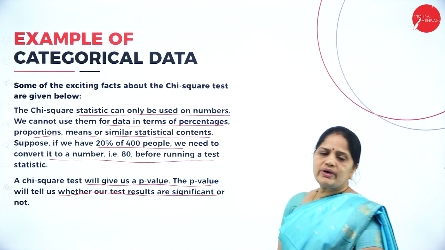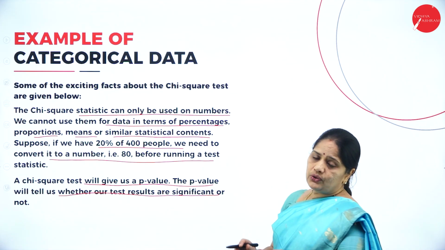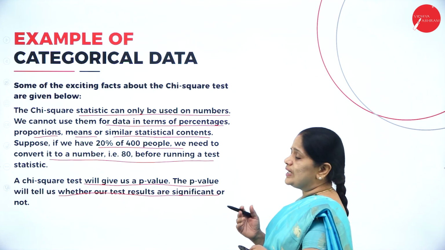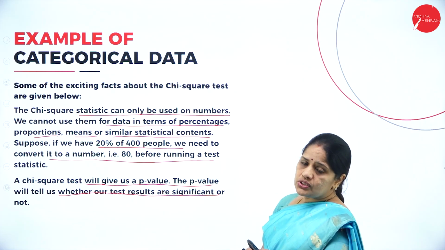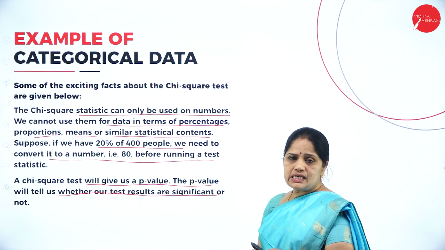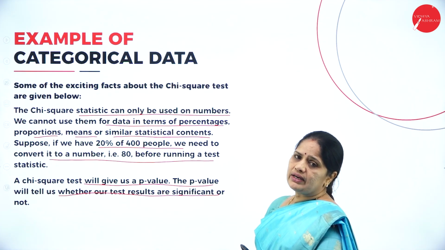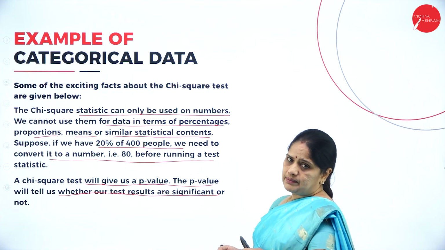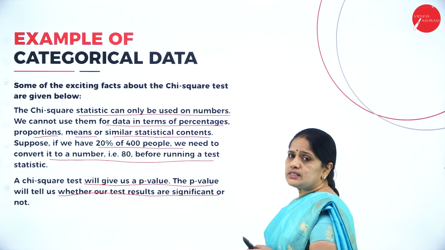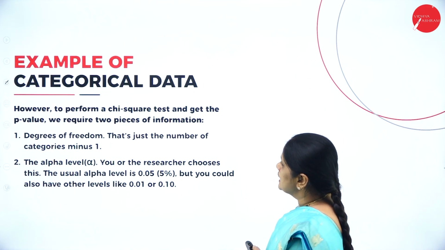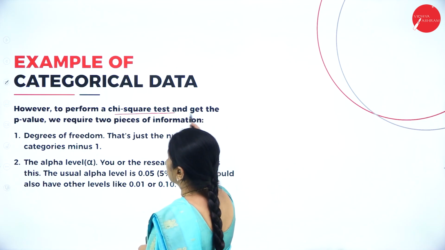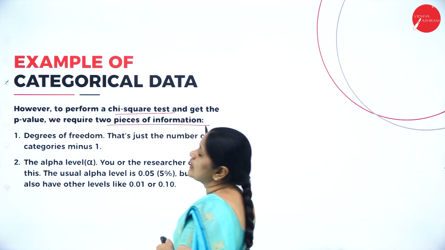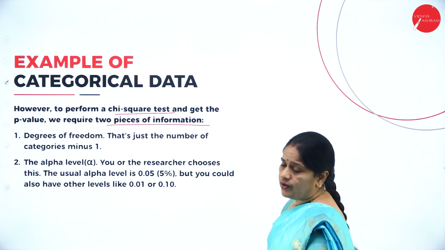So, the chi-square test will give us the p-value, and with the help of the p-value, we can know whether the results are significant or not. If the p-value is less than or equal to 0.05, then the hypothesis is accepted. If it is greater than 0.05, the hypothesis is rejected. However, to perform a chi-square test and get the p-value, we require two pieces of information.